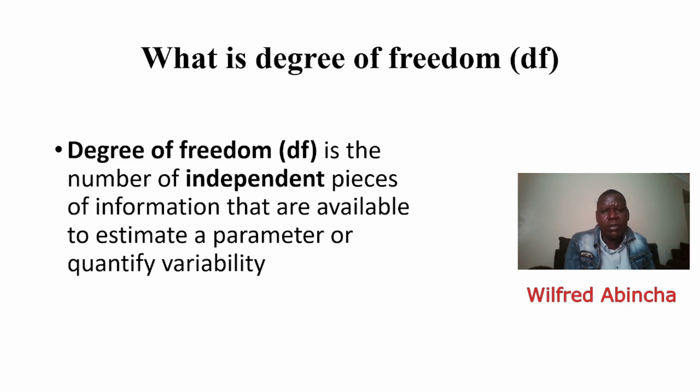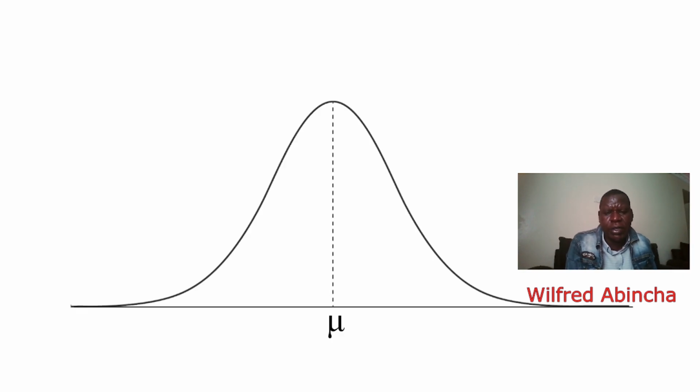Having understood this, let us now learn how we apply these degrees of freedom in research or in statistics. Assume that you have a population, and this population is normally distributed and it has its mean here with the symbol mu. You need to collect a sample from this population.